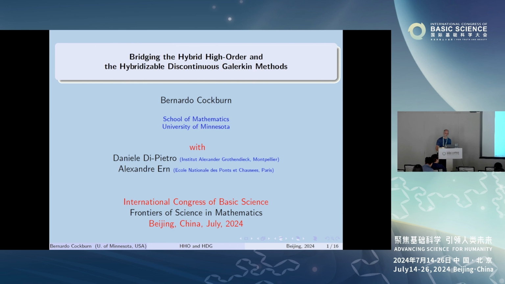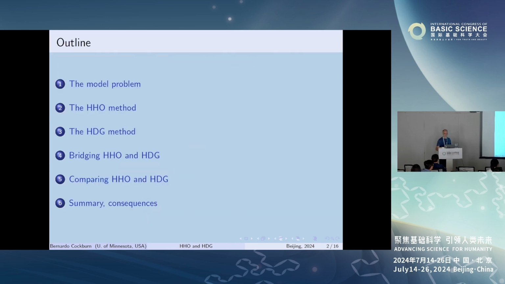I was working on hybridizable discontinuous Galerkin methods. They were working on the hybrid high order methods, and then we got together and showed the relations between these two methods. So that's what I plan to show you, how do you do that.